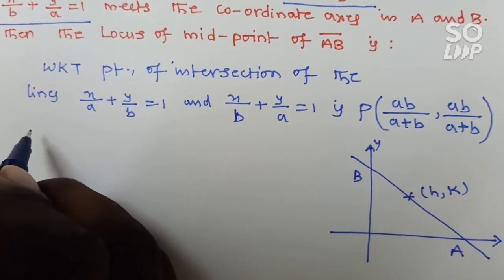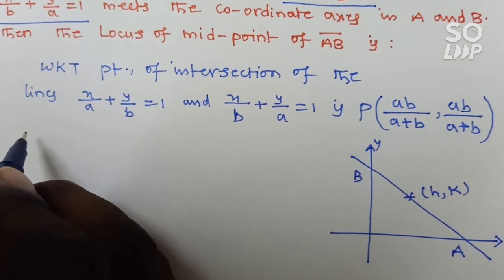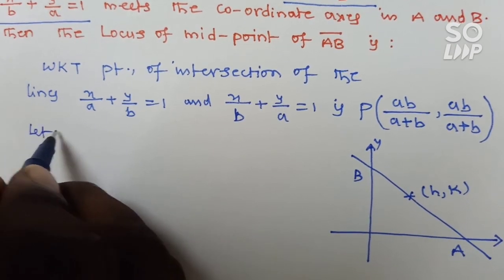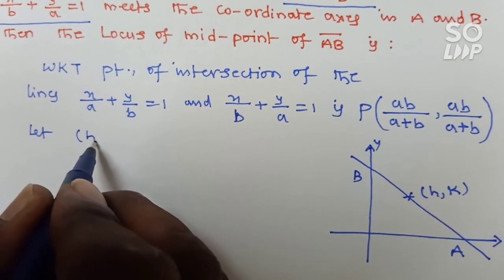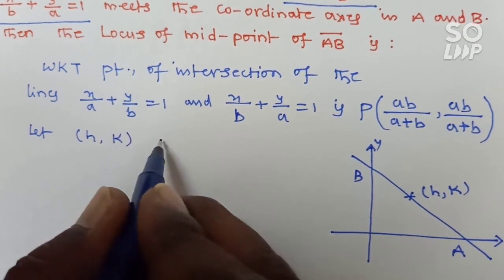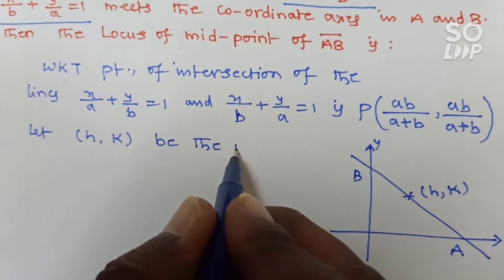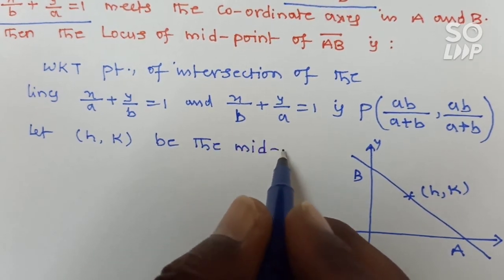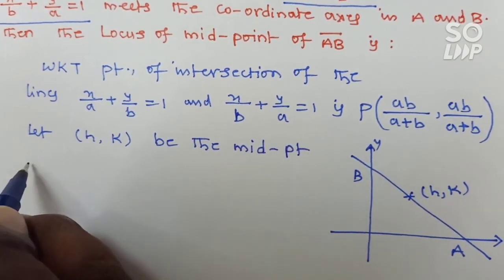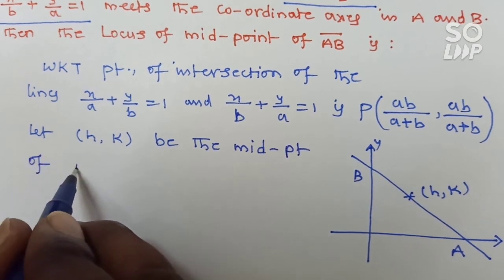Say let h comma k be the midpoint of AB.